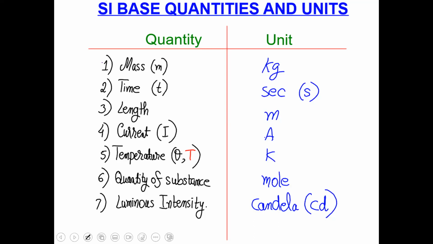What is the meaning of 7 base quantities? These 7 quantities started physics as a subject. I will post this table to you, and you have to recall and remember it as a memory.